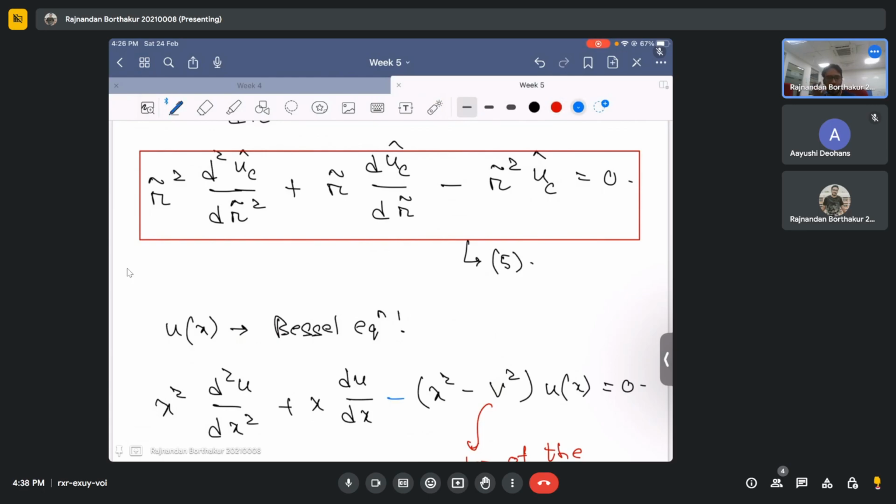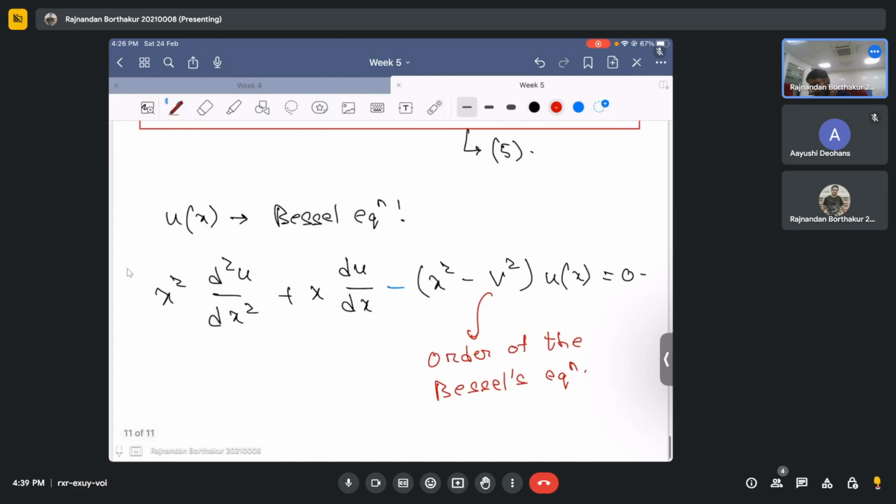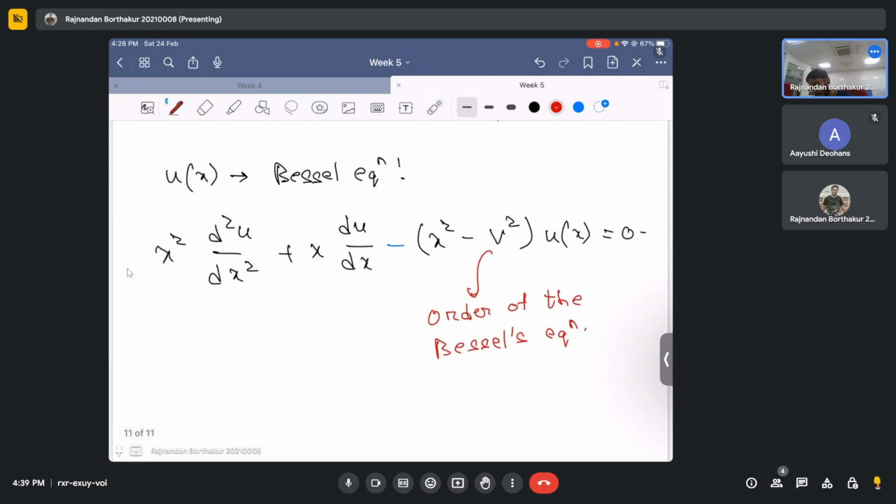You can look up the modified Bessel equation on the internet. So this is not exactly a Bessel equation, this is the modified Bessel equation. Just like the solutions of the Bessel equation are the Bessel functions, the solutions of the modified Bessel equation are the modified Bessel functions.